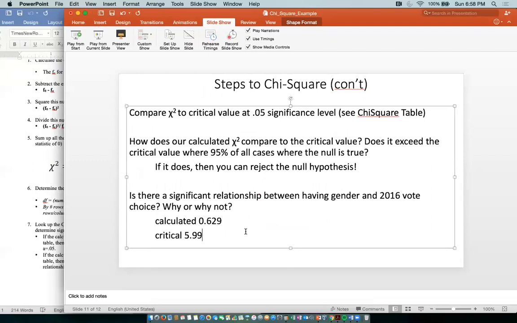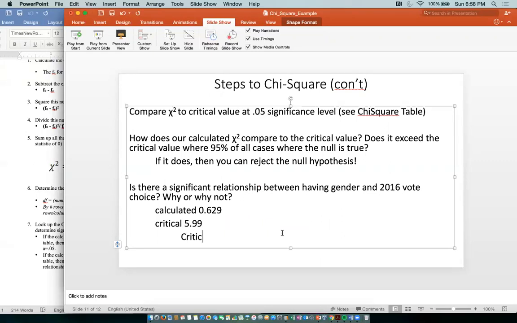Well, we actually have a world now where our critical is greater than our calculated. Or another way to think about it, our calculated is less than our critical. Okay. So if our calculated exceeds the critical, we reject the null, otherwise we can't.